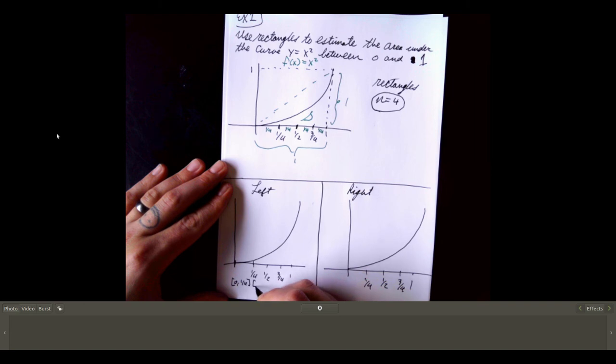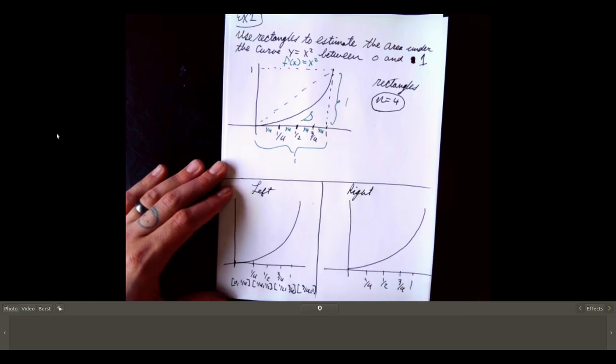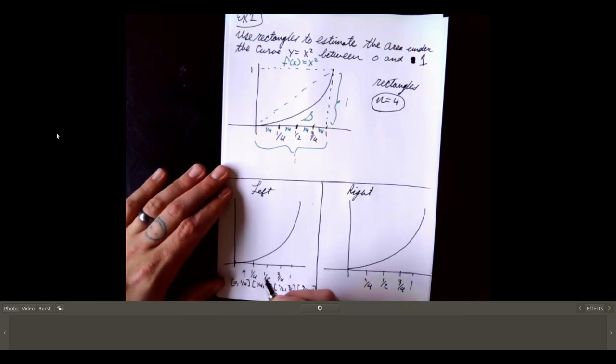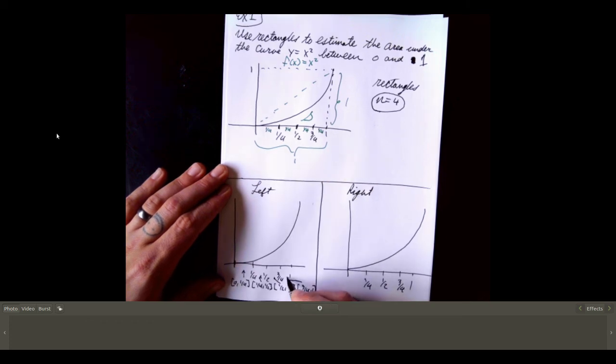Then we have the interval 1/4 to 1/2. Then we have the interval 1/2 to 3/4. Then we have the interval 3/4 to 1. I wrote a little too cramped. But this interval goes here, this interval is here, and this interval is here, and this interval is here.